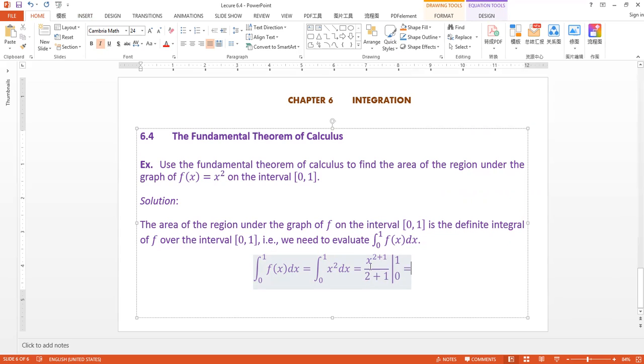So 2 plus 1 is just 3. So the antiderivative we found is just x cubed over 3.